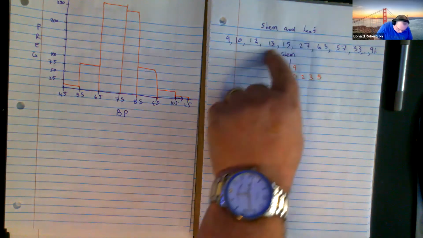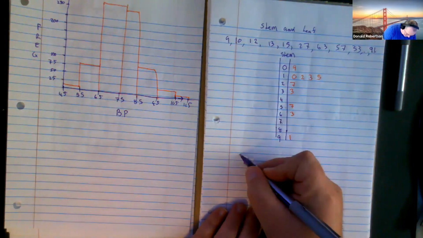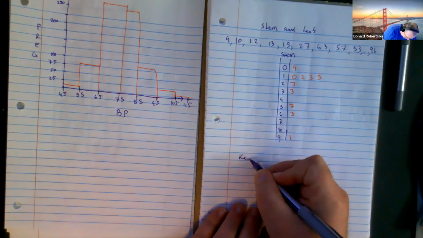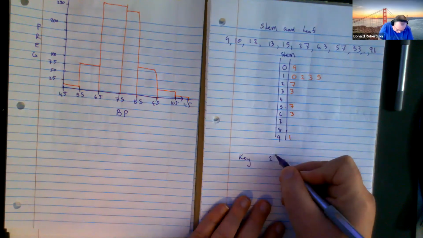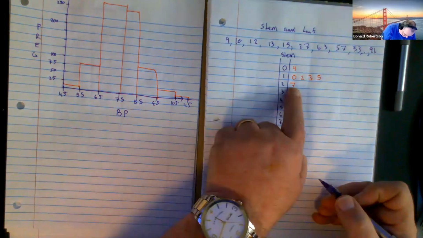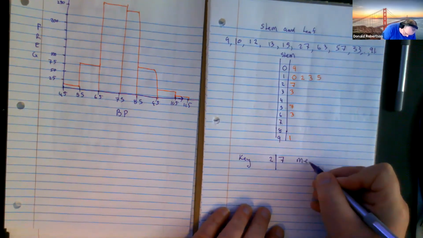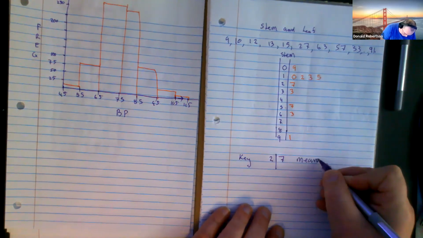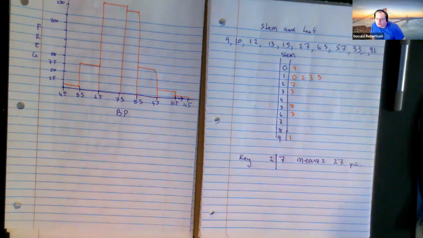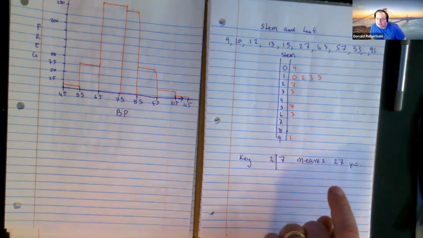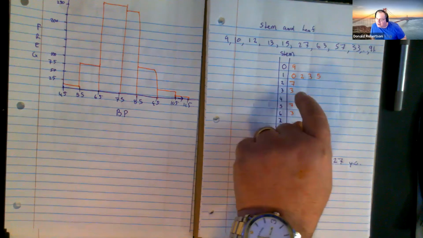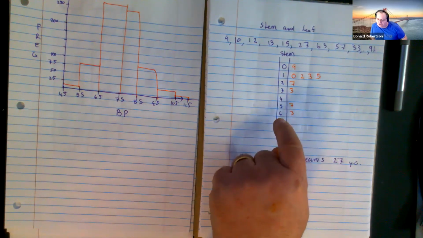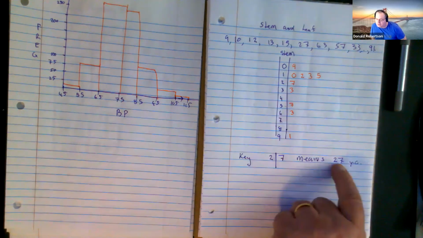Right. Now, when you do a stem and leaf, you have to tell people a key. What you do is you randomly pick one of your data points, like 2|7, that guy, and you tell them what it means. It means that they're 27 years old, right? Because couldn't you do this data with 1.5 and 2.7 and 3.7? It could be decimals, in which case 2|7 would mean 2.7.